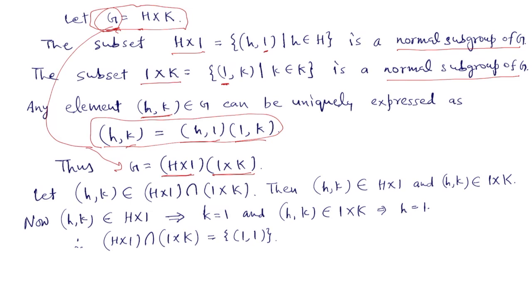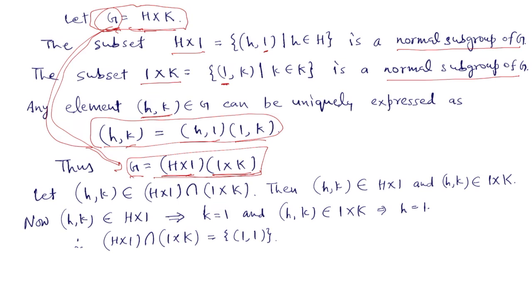One process is to start with two groups and obtain a new group, and the reverse process is to start with a group and break it into two subgroups. Now this breakage of G into two groups H cross 1 and 1 cross K has further properties.